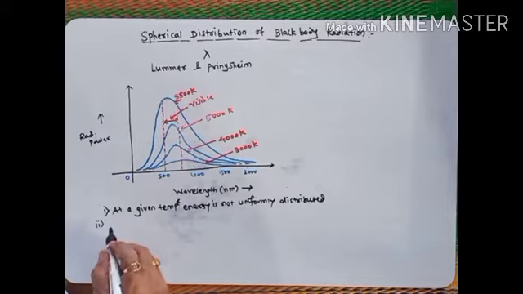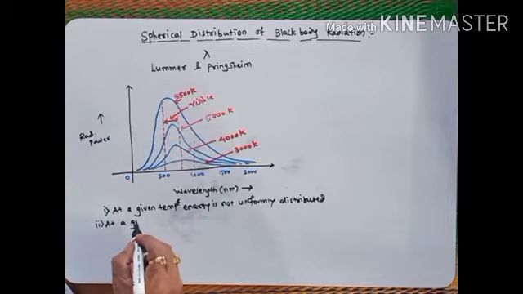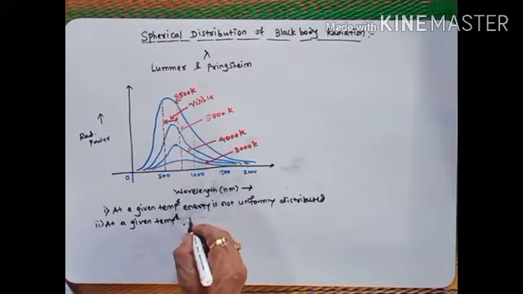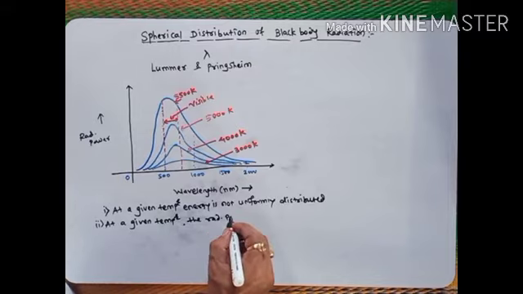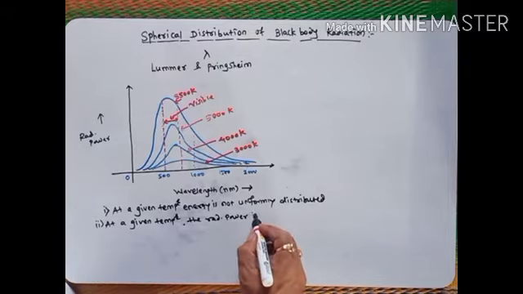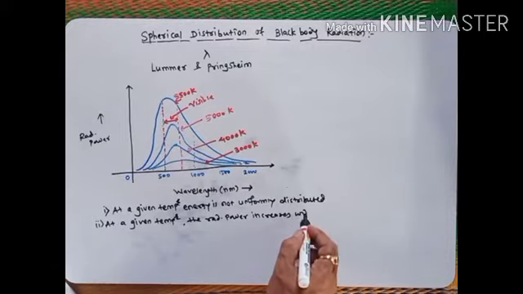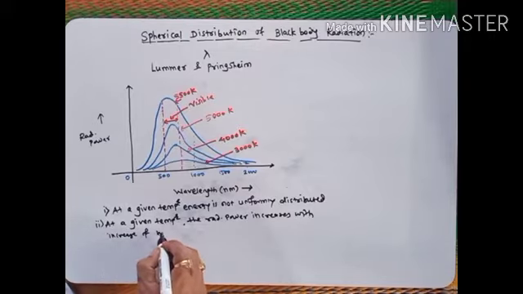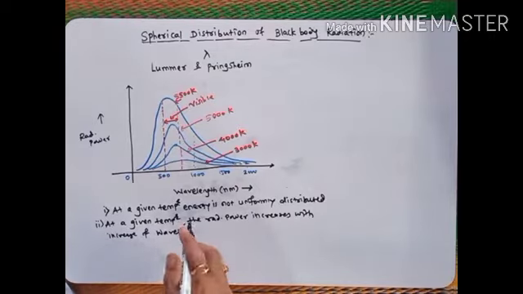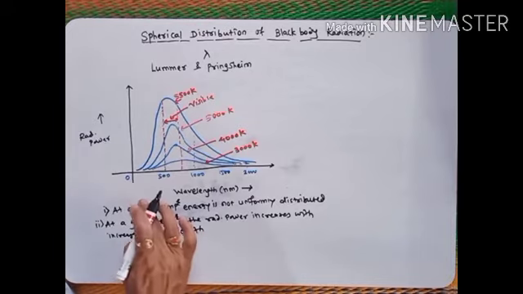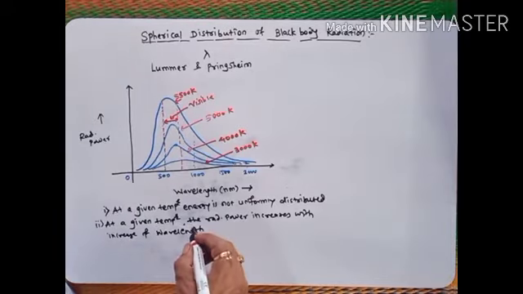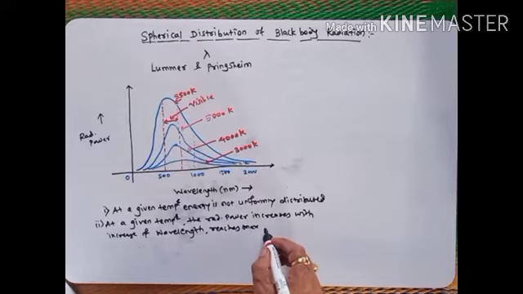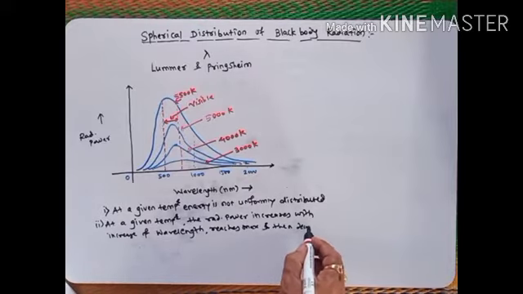Second, at a given temperature, the radiant power increases with increase of wavelength, reaches a maximum and then decreases.